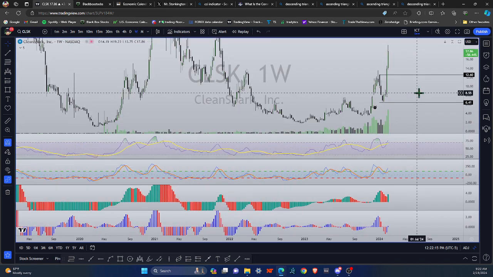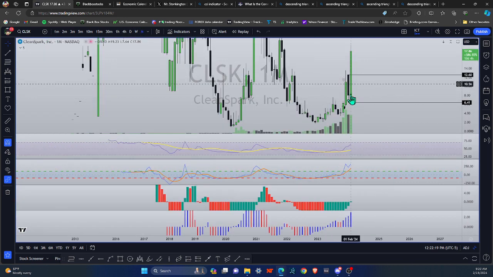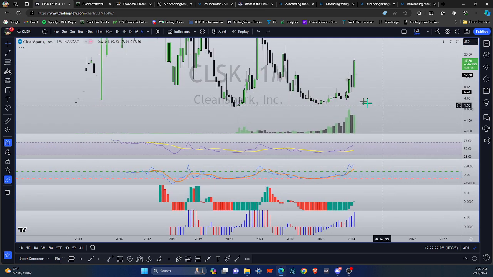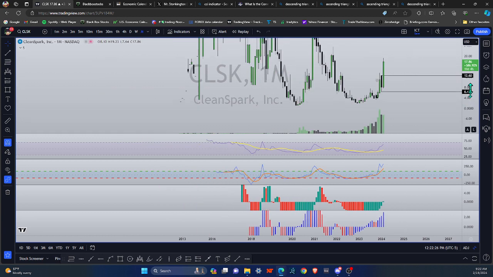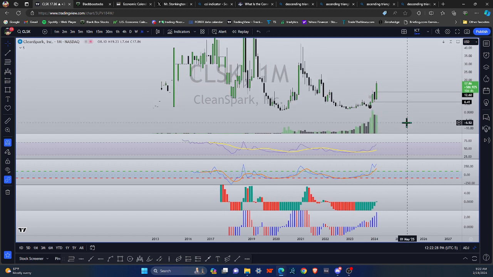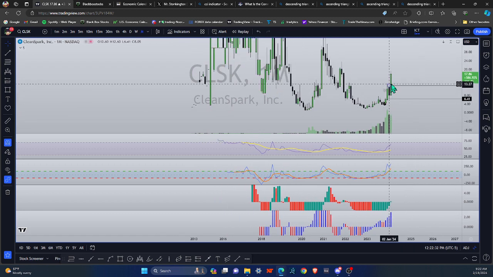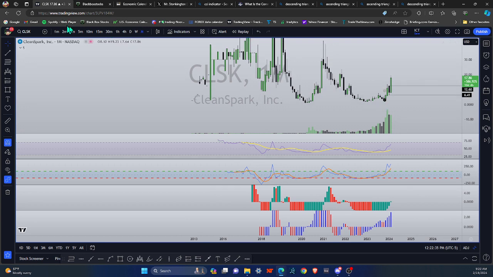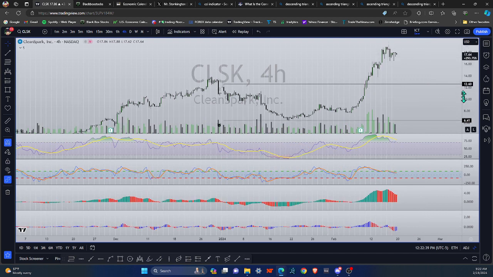So we had an inside month pop. We got the alert back here at 12.60 and it made a 5 point up move. So that's kind of why we're looking for inside bars. That was a nice little mover off that. Let's see what else we could have going on here.